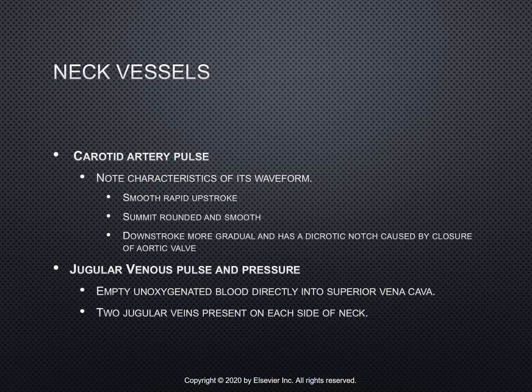Your jugular veins, you don't see them, and there's a picture coming up. The jugular veins are behind, in a sense, the carotid artery, and you're not supposed to be able to see those unless there is some type of disease process going on, like congestive heart failure.